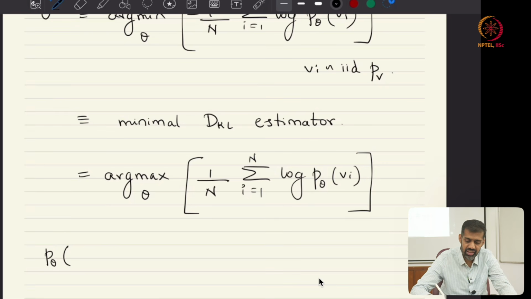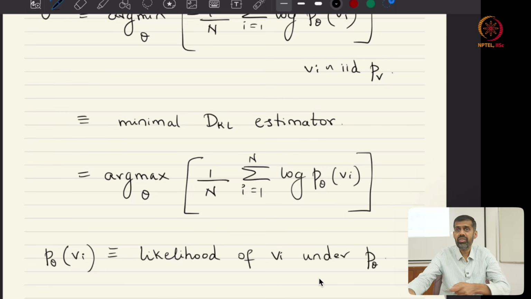If you evaluate the density function at a point, it is called the likelihood. Density functions being evaluated at a point is called likelihood.